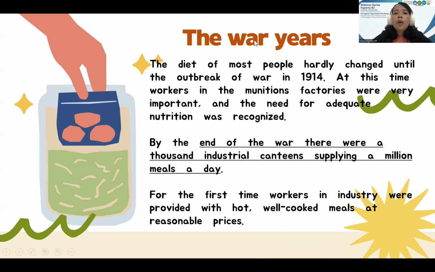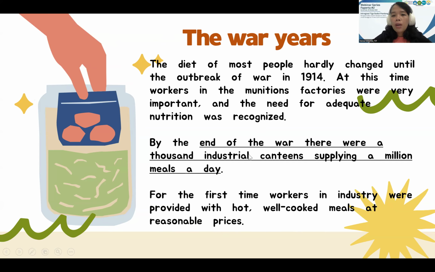During the war years, the diet of most people hardly changed until the outbreak of the war in 1914. At this time, workers in munition factories were very important, and the need for adequate nutrition was recognized. So people who wanted to go to the war needed to take care of their diet and food.